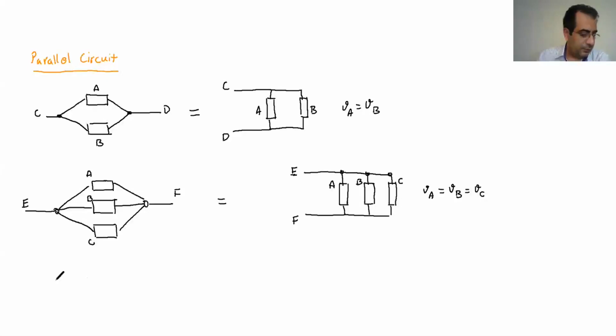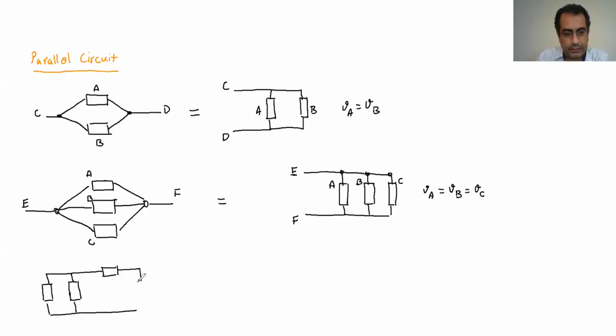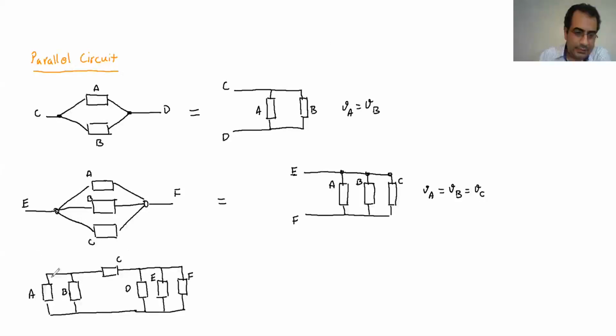Let's look at another example. If I have two elements sitting here, and then I have three elements sitting here, let's say A, B, C, D, E, and F. If I look at A and B, one end is connected to each other, and the other end is connected to each other.